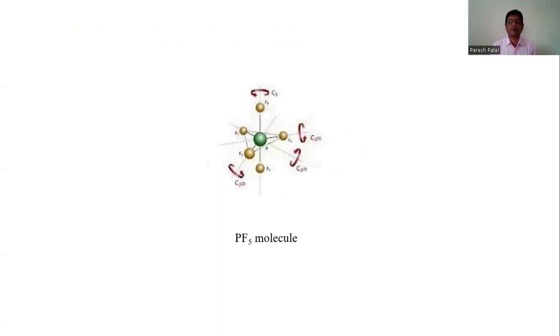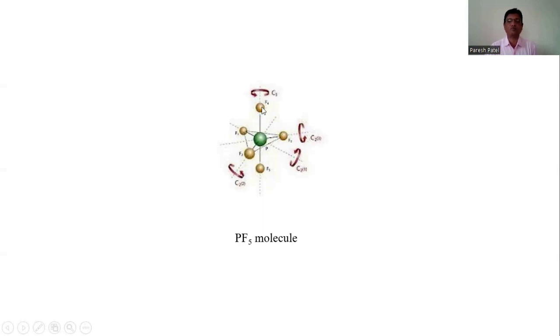This is another example of the horizontal plane of symmetry. This is the PF5 molecule, phosphorus pentafluoride. In case of the PF5 molecule, the shape of this molecule is trigonal bipyramidal. This one is the imaginary axis, or we can say the principal axis, and the order of this main principal axis is C3.